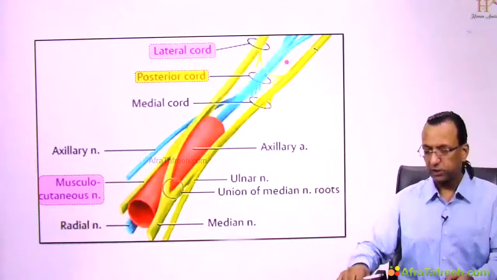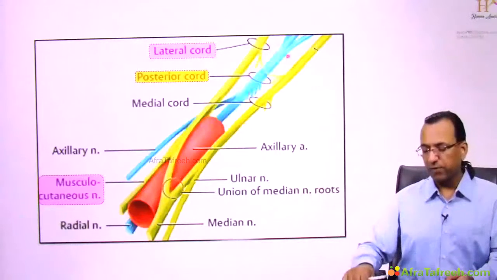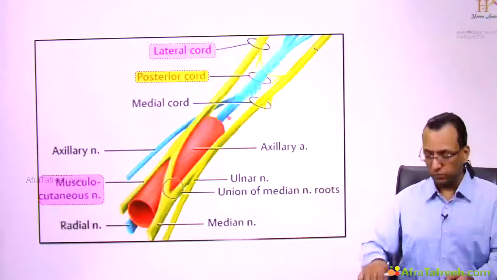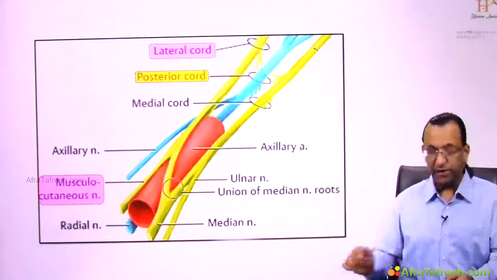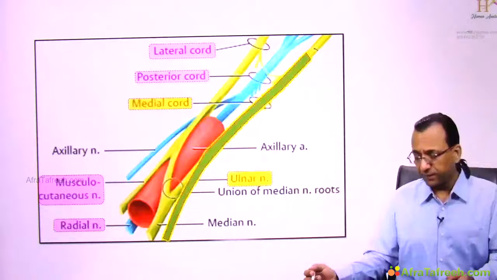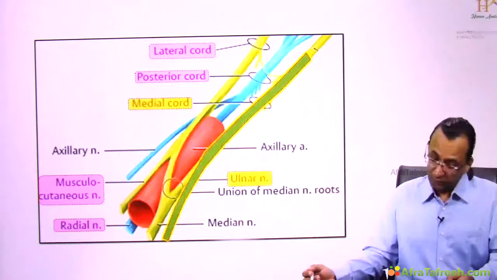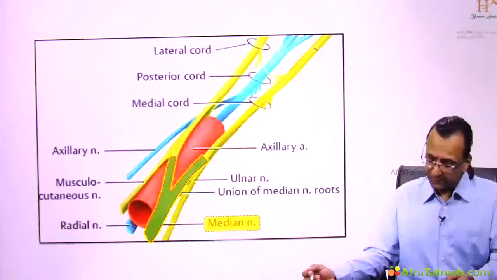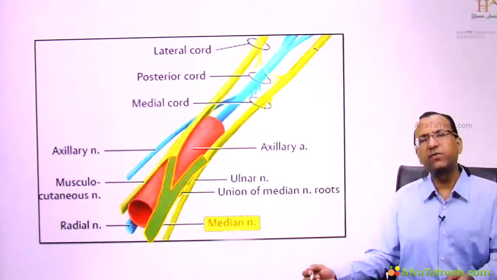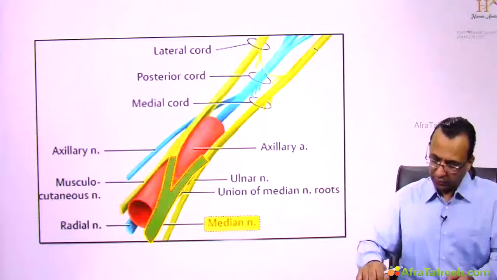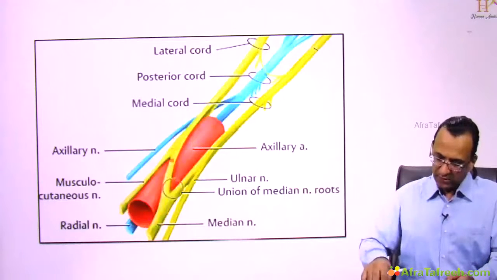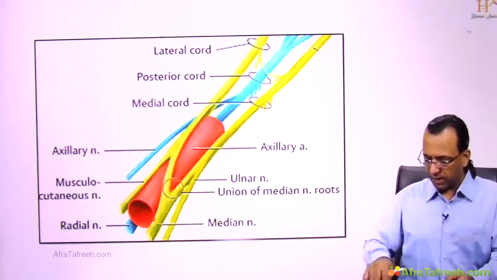The posterior cord will continue posterior to the axillary artery as the radial nerve. And the medial cord of the brachial plexus will continue as the ulnar nerve. And what about the median nerve? We have known that there is a contribution by the lateral cord and the medial cord, and that is the formation of the median nerve.